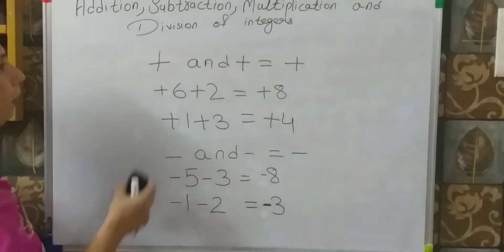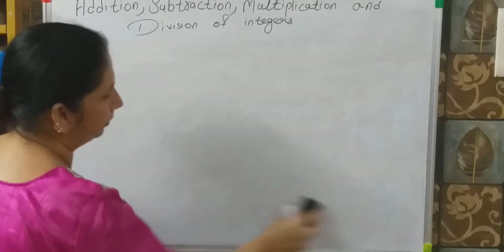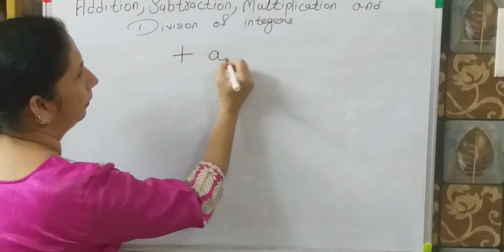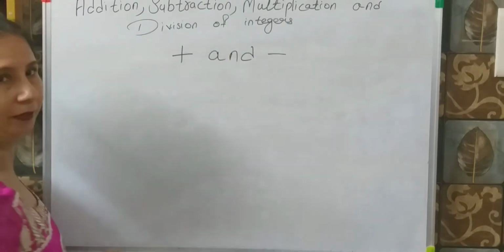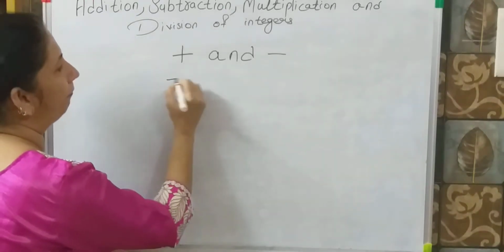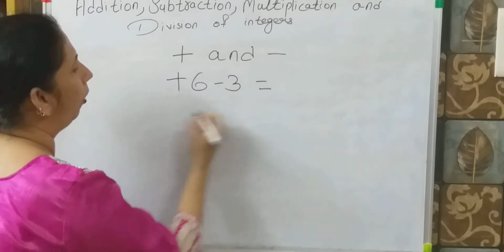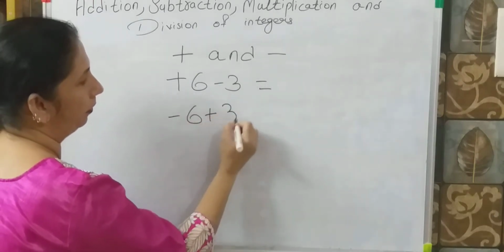Okay. Now suppose we have one negative sign and one positive sign. For example, I have the numbers plus 6 minus 3, or minus 6 plus 3.